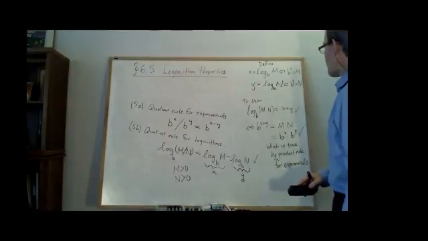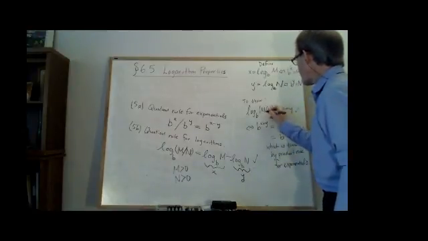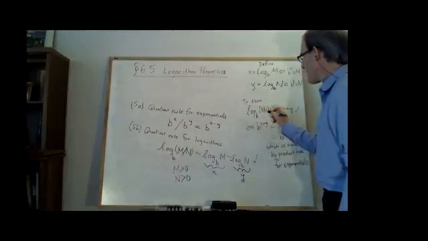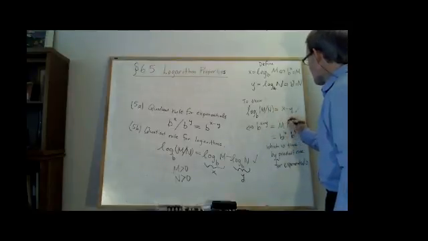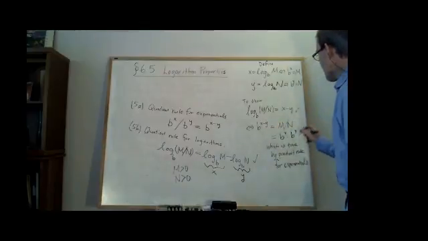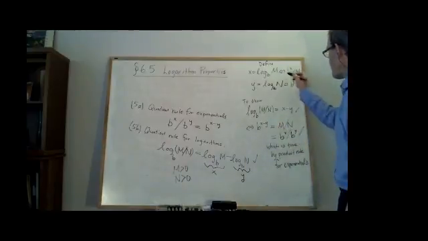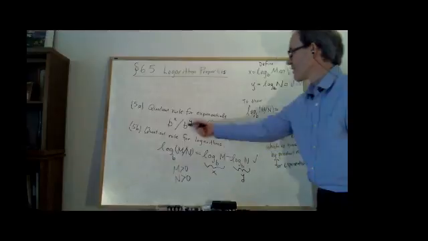And then you want to show that the logarithm base b of m divided by n is x minus y. But this is equivalent to m over n is equal to b to the x minus y. But this we know is b to the x divided by b to the y, and this is true because of the corresponding quotient rule for exponentials.